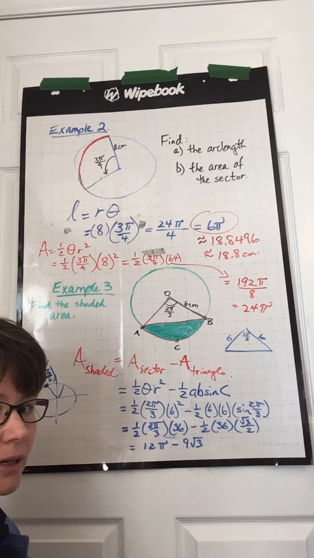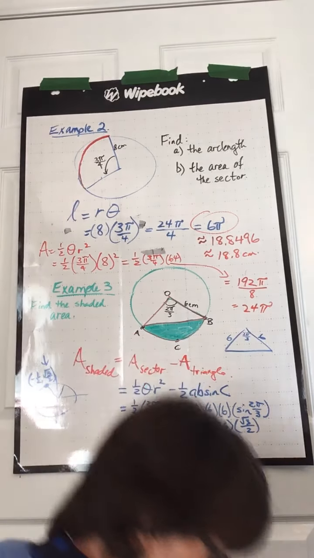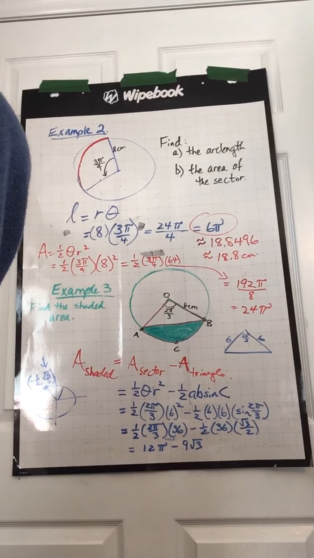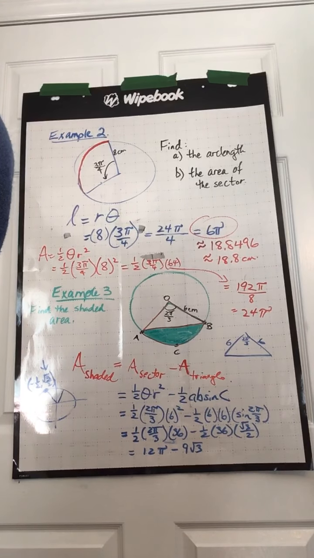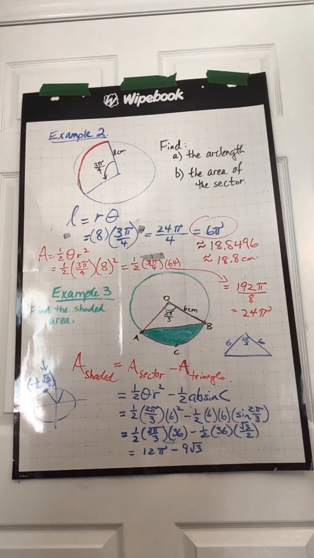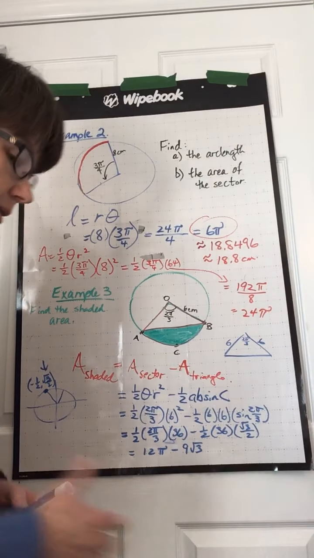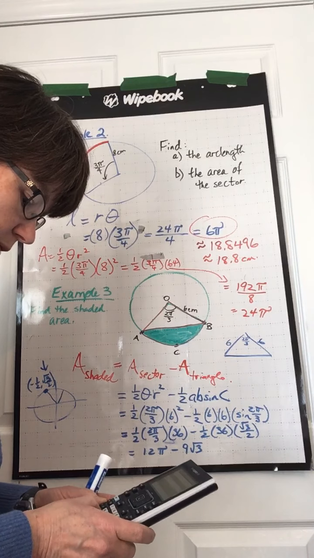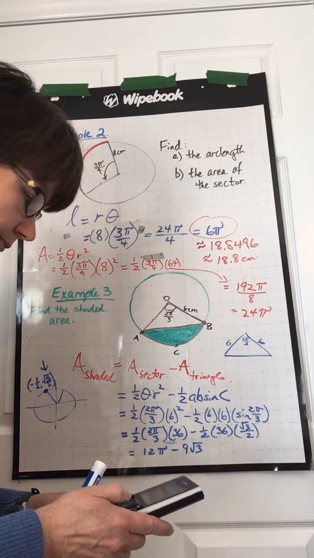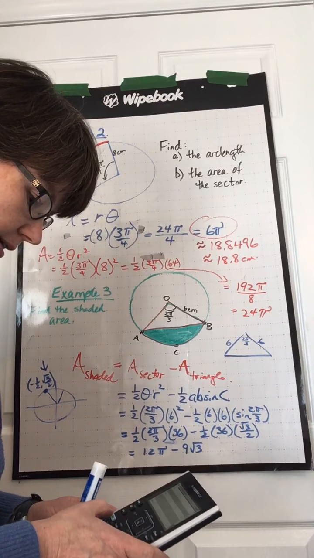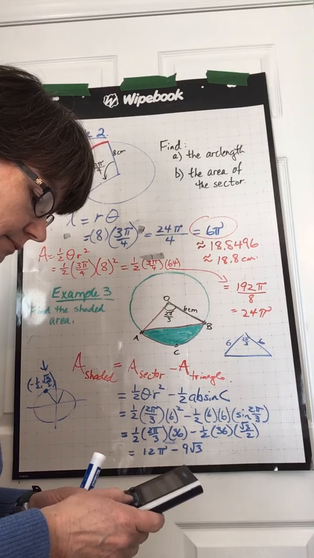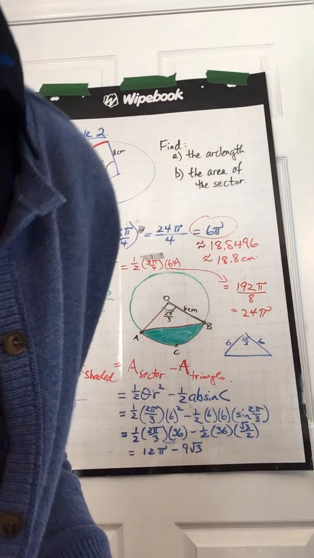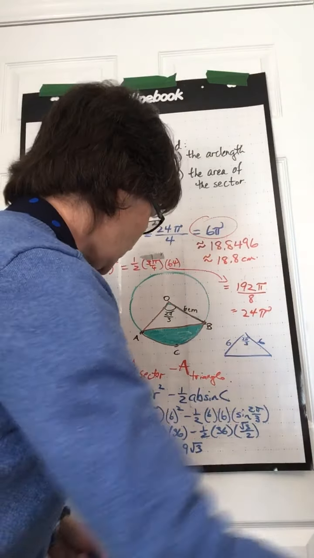So you could leave your answer like this, and if we wanted a rounded decimal answer, then we would poke that in our calculator and see what it is. Okay, so let's do that. We have 12 pi, subtract 9 root 3. And we get 22.1, which is the same answer they have in the notebook.